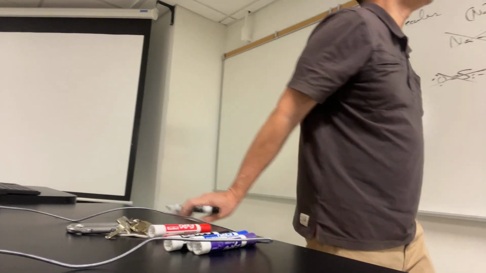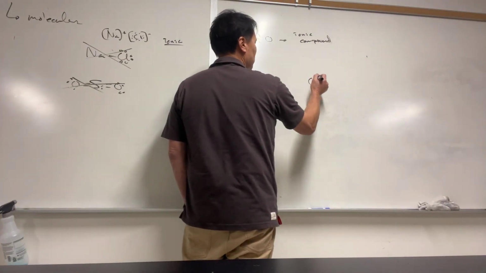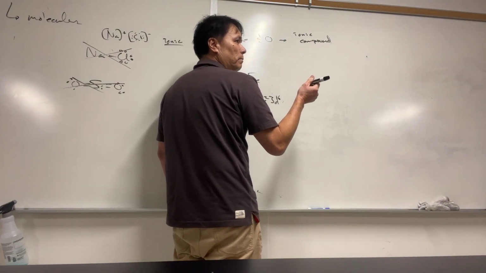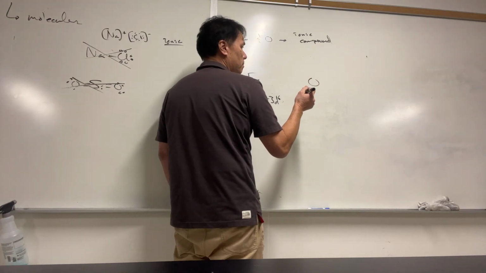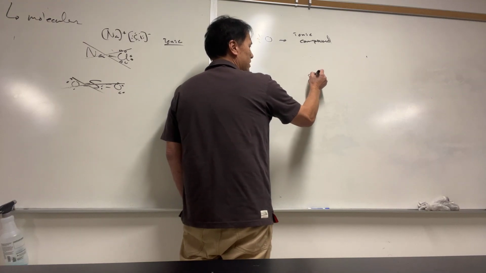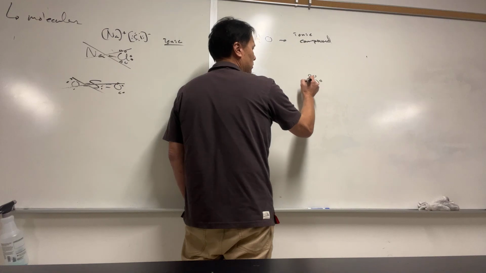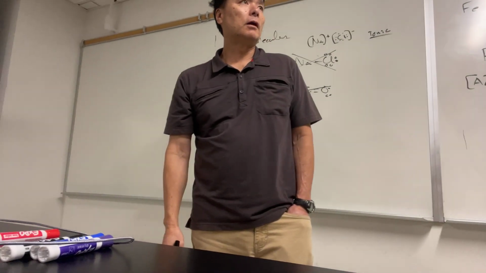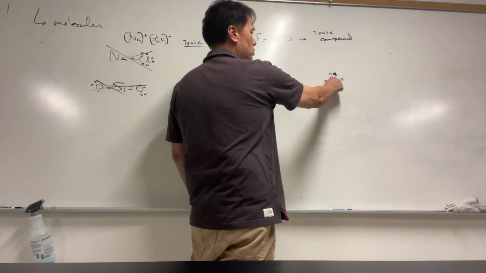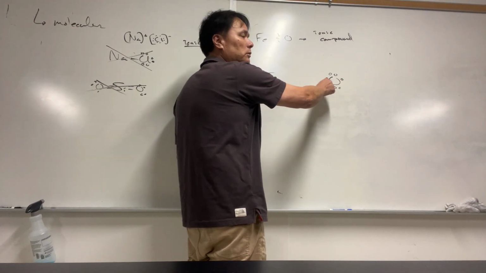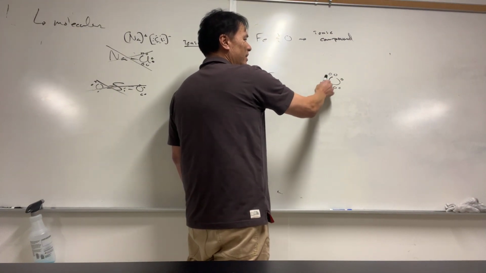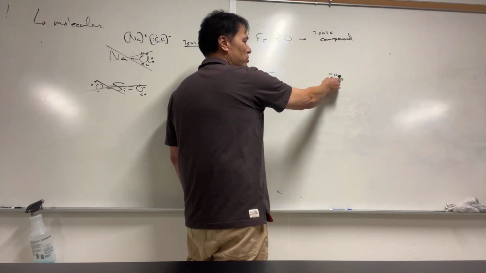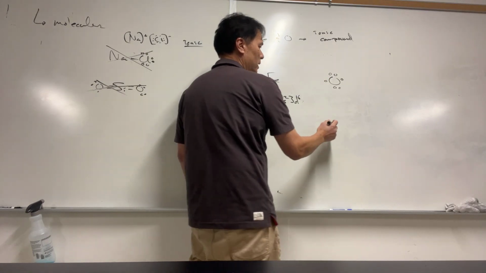Well, oxygen's easy. Let's go with oxygen. Do you know how many valence electrons oxygen has? Oxygen has 6 valence electrons. It's 2s2, 2p4. So that's where I got it. And we don't differentiate which of these electrons came from the 2s and which came from the 2p.